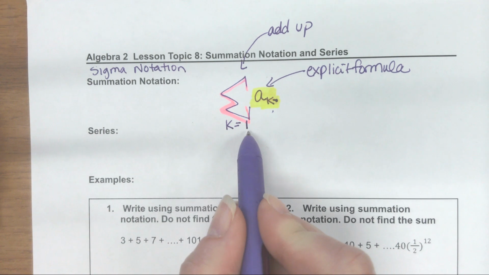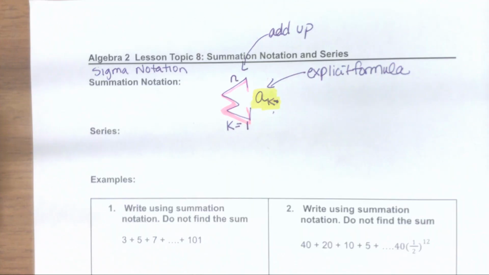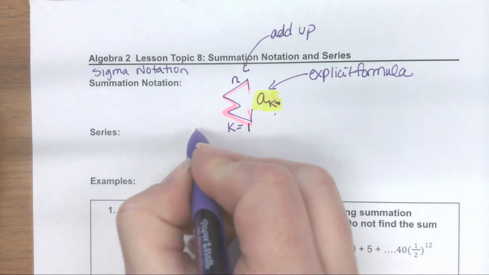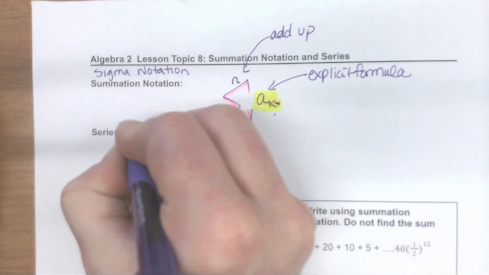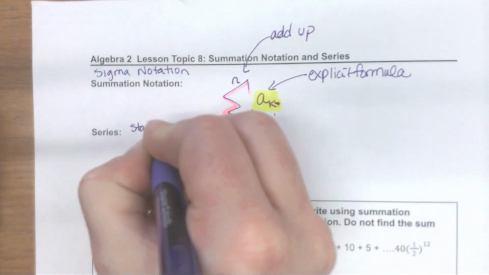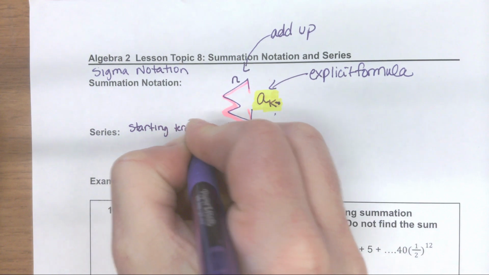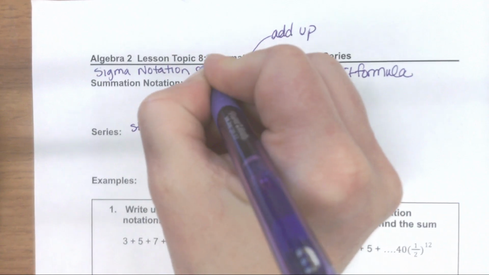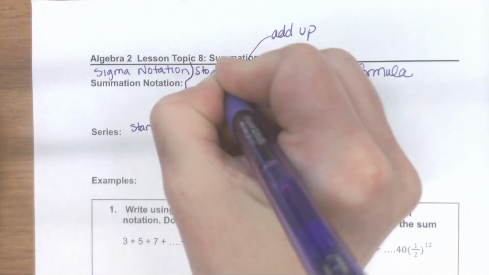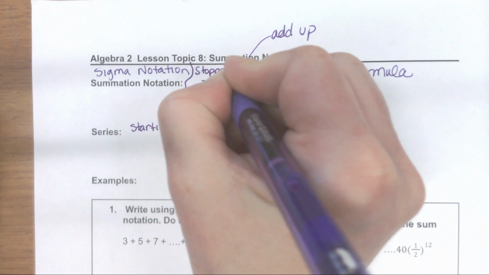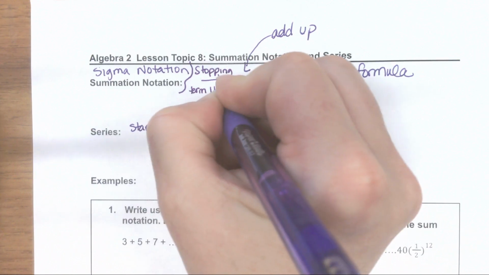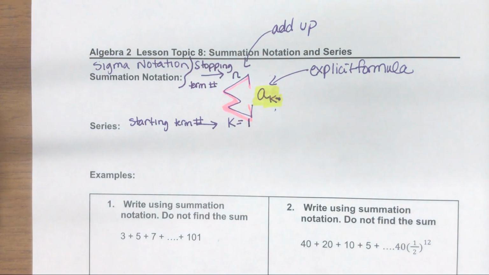Then there's a stopping point, and I'm going to put n there because it's going to change. This is the starting term number, and this is the stopping term number. Those are all the little parts of summation notation.